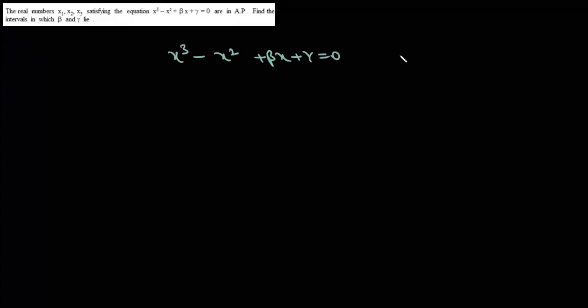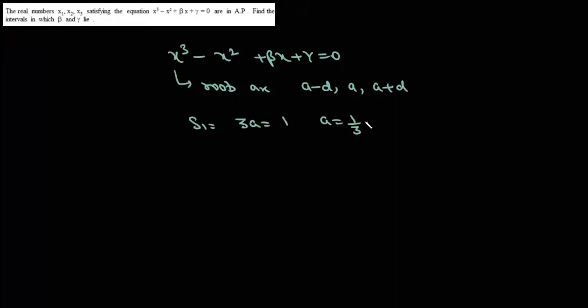Now suppose these three roots x1, x2 and x3, which are in AP, are a minus d, a, and a plus d. Now if we write s1, which is the sum of roots, we can write 3a equals 1, or the value of a is 1 by 3.